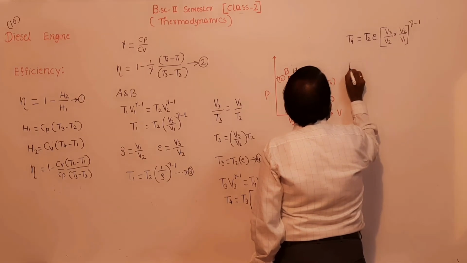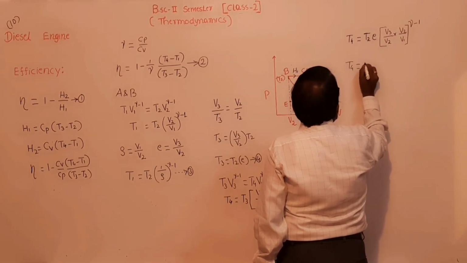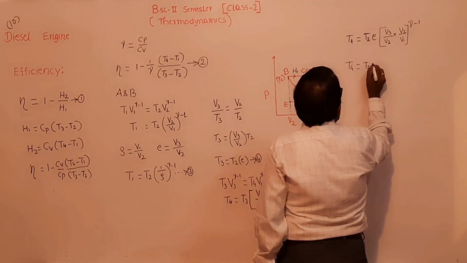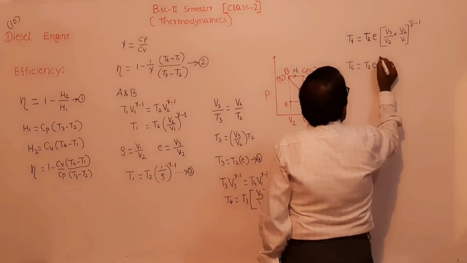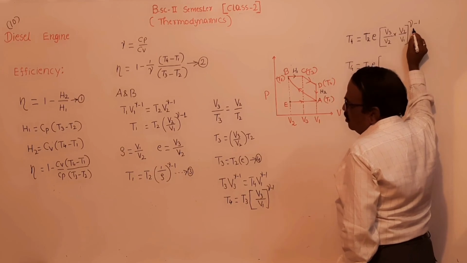Then T4 is equal to T2 E into V3 by V2 to the mu minus 1.